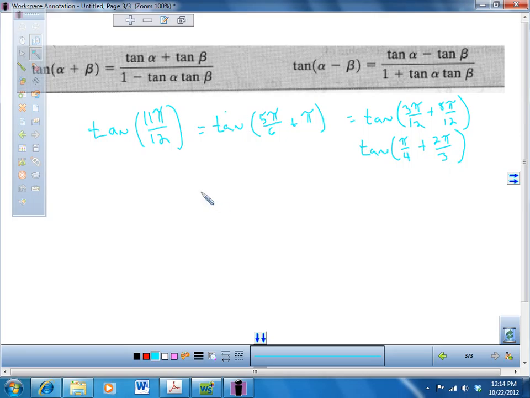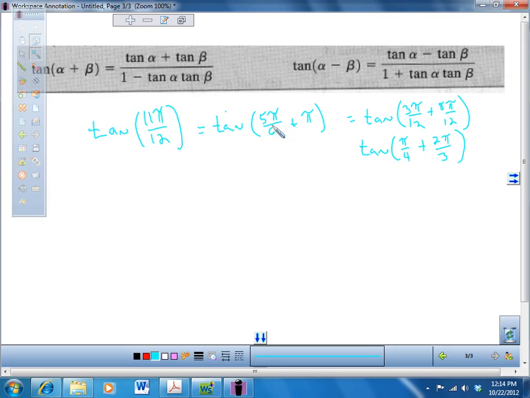And you could do it either way. Olivia's way is fine as well. What happens though is you end up with 2 things that look very different, okay? But you could probably find a way to change one into the other. So I'm going to try to do it with Olivia's way.